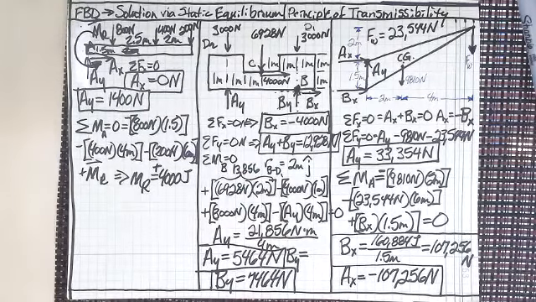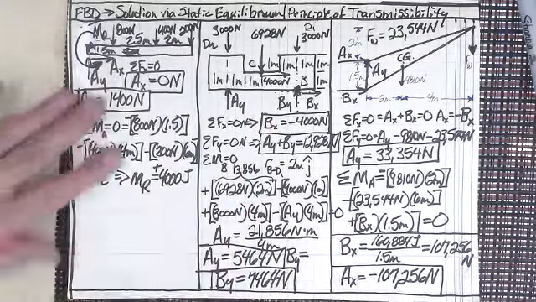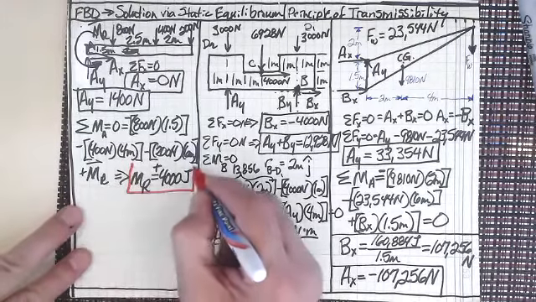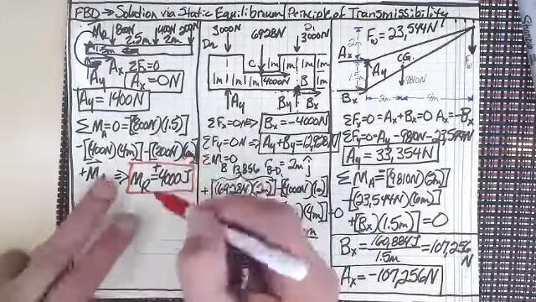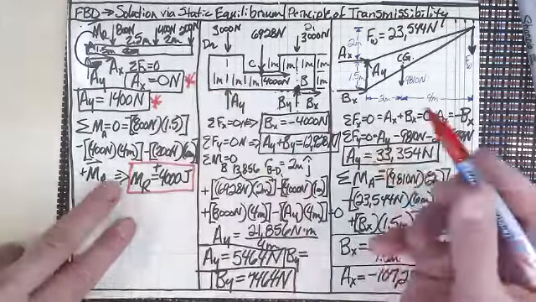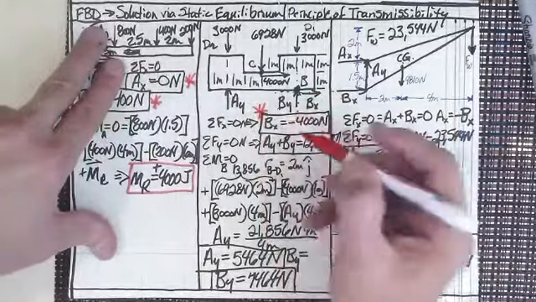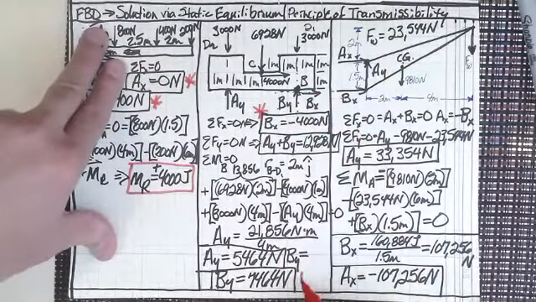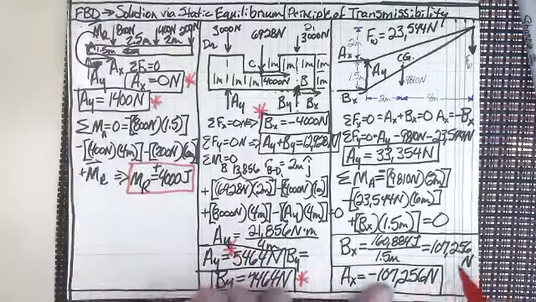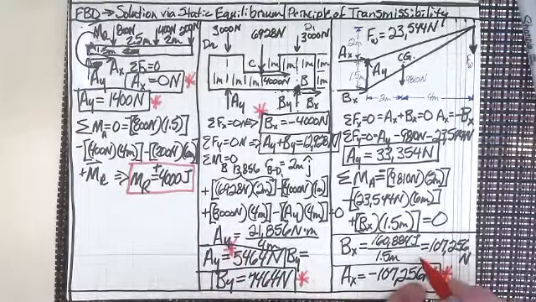Does everyone see how I got all of those various different things? I think I'm going to grab a red pen and mark out some of these. There we go. So we know exactly what we did.